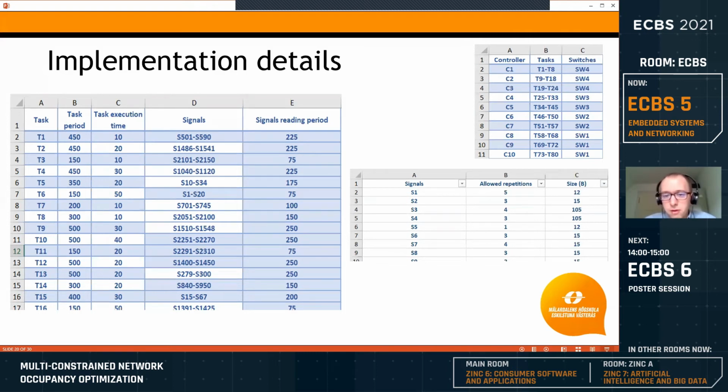Some of them, of course, not every. And on the right side, you can see signals with allowed repetitions or allowed misses, as we will name it later. And you can see here that we have 3 different sizes for signals. They correspond to 3 different types of signals which were given to us.